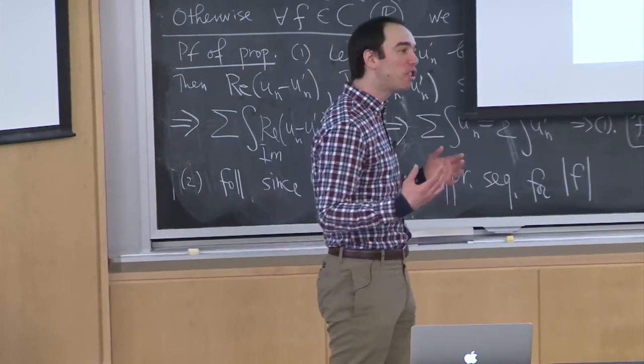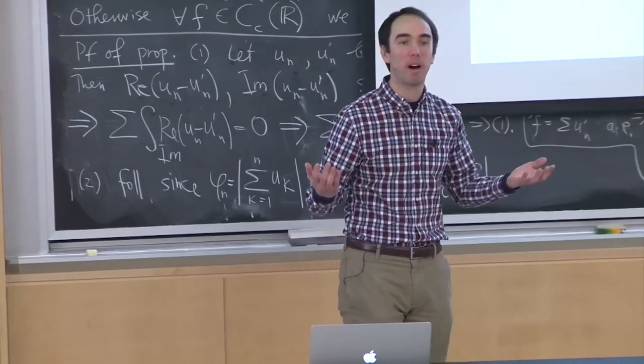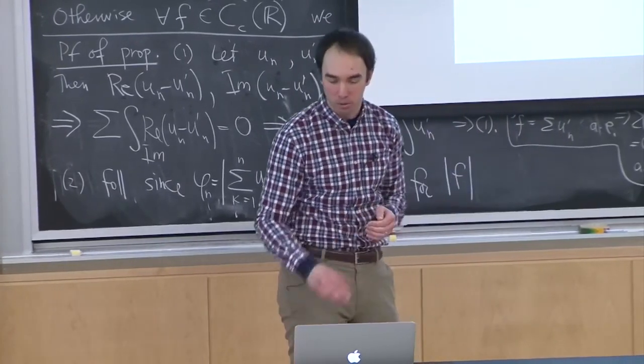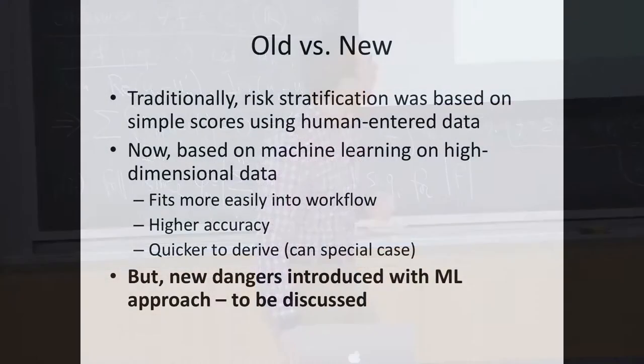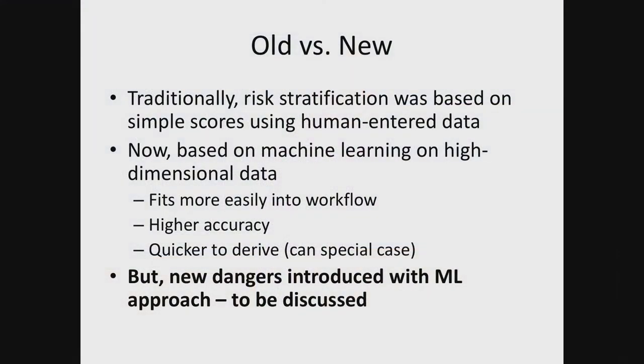And so as a result, it really opens the door to rethinking about the way that risk stratification can be used. But as a result, there are also new dangers that are introduced. And we'll talk about some of those in today's lecture, and we'll continue to talk about those in next Thursday's lecture.